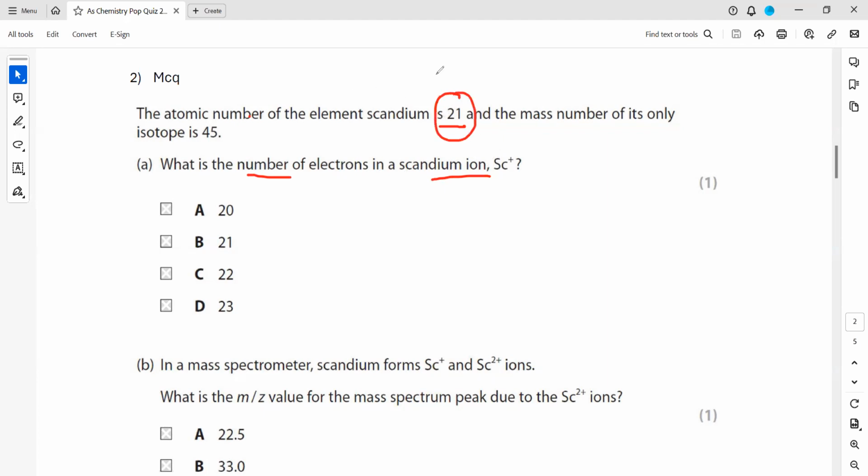The atomic number represents the number of protons. And if it's an atom, the number of protons and number of electrons should be equal. But if it is scandium plus, it will lose one electron, because positive charge means it will lose one electron. So when it loses one electron, how many electrons will be there? It will have 20 electrons. So A will be the right answer.